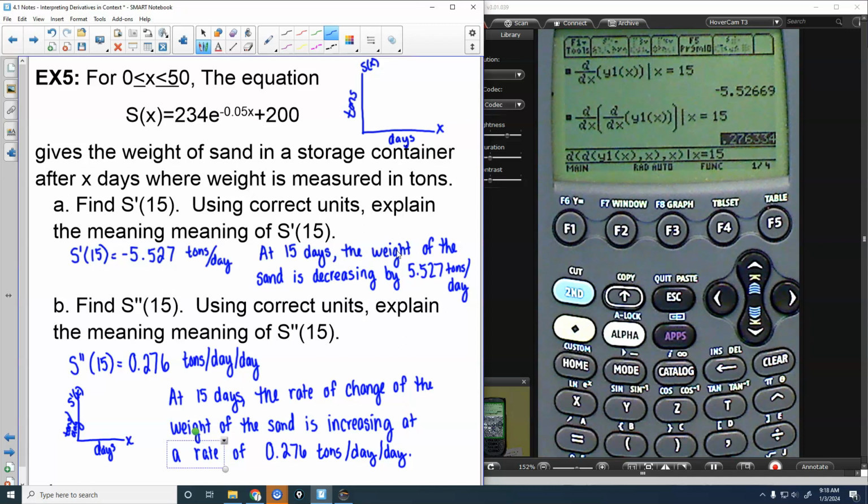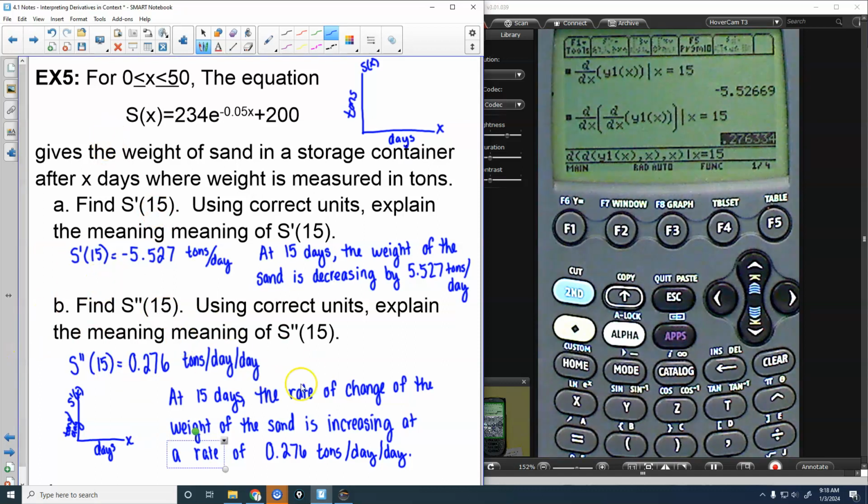Your rate of your rate is increasing, which means this number right here, the next day, would be like negative 5.2 something. So it is decreasing, but the amount of sand you're losing is slowing down. The rate is slowing down at that point. And that would be because you have opposite signs on these.